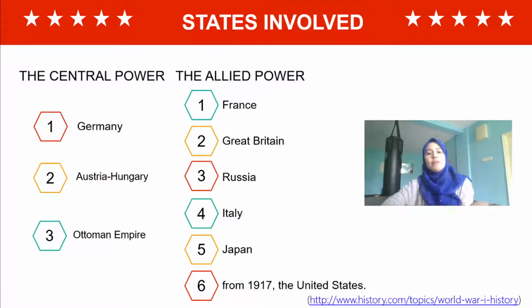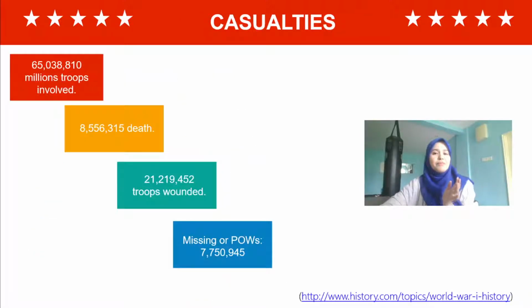And the Allied Powers are France, Great Britain, Russia, Italy, Japan, and also the United States. Of course, there were many casualties: 8 million plus dead, 21 million or more wounded, and 7 million missing or imprisoned as prisoners of war.